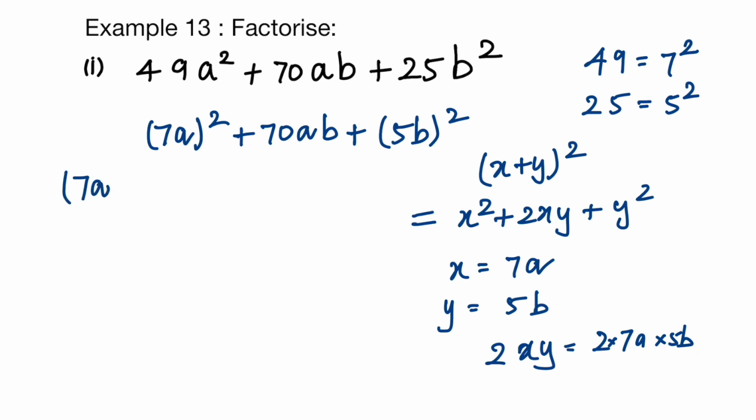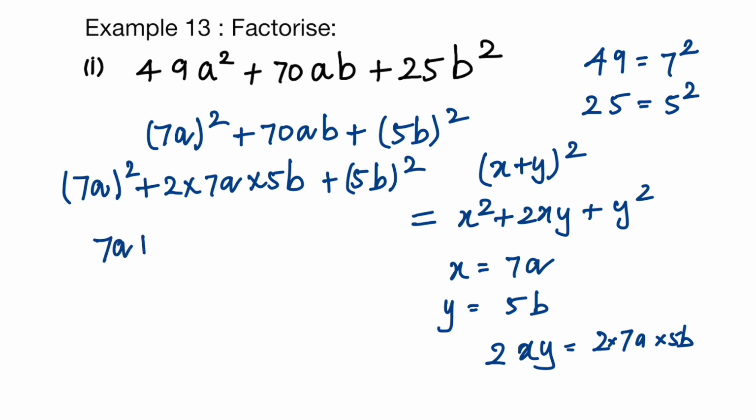So 7a the whole square plus 2 into 7a into 5b plus 5b the whole square, like a square plus 2ab plus b square, can be further simplified as 7a plus 5b the whole square. So we have converted 49a square plus 70ab plus 25b square into 7a plus 5b the whole square.